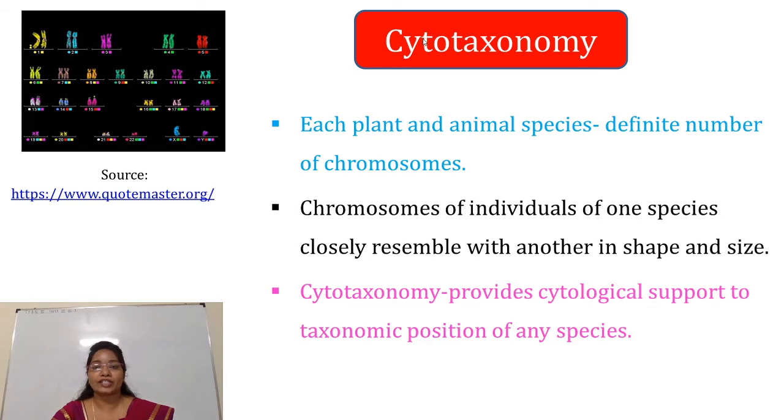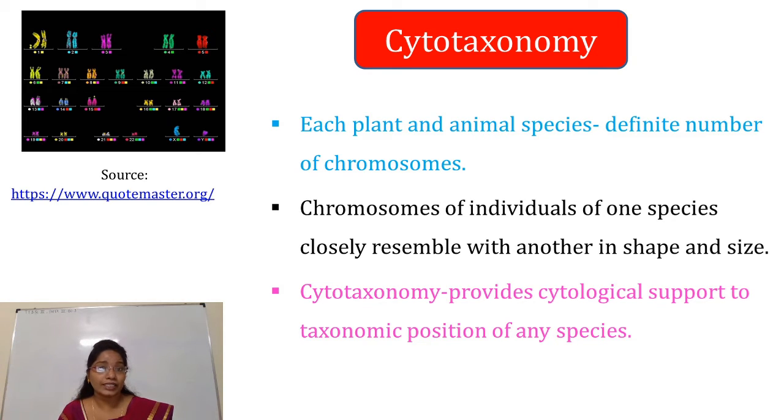The first branch is cytotaxonomy. Cytotaxonomy combines the knowledge of cytology and taxonomy. Friends, as we know, each plant and animal species has a definite number of chromosomes, and chromosomes of individuals of one species closely resemble each other in size and shape.